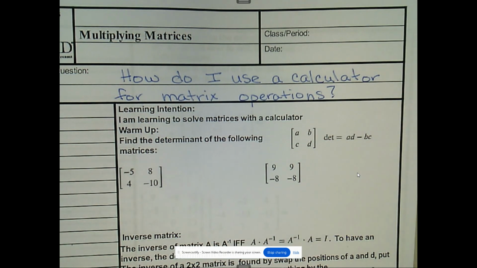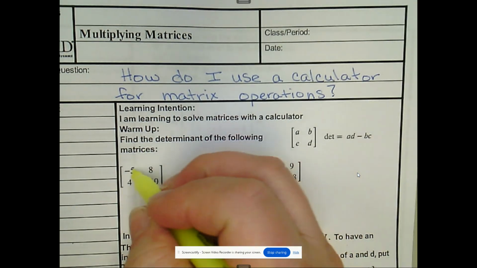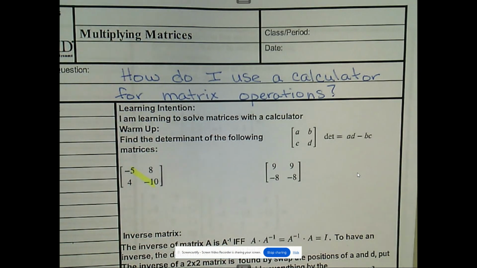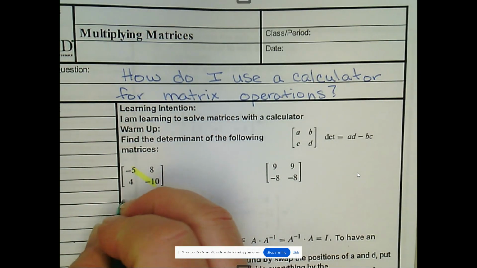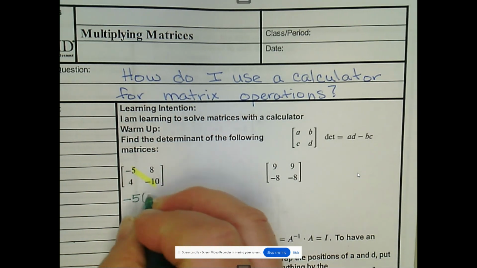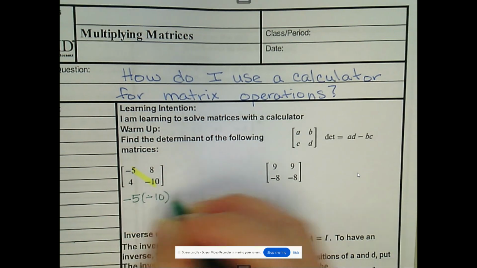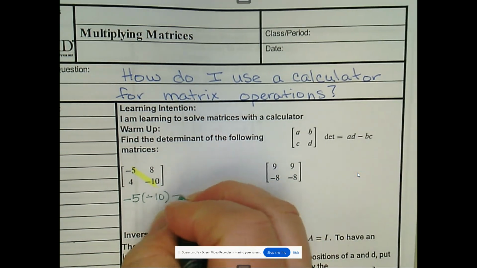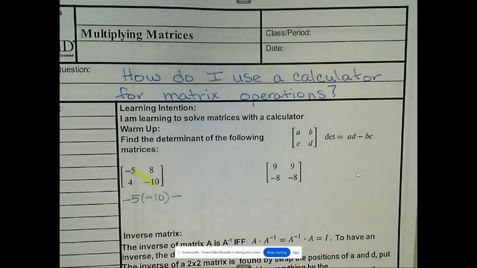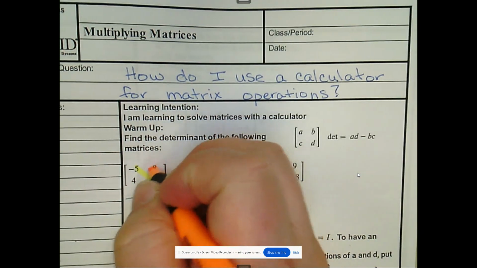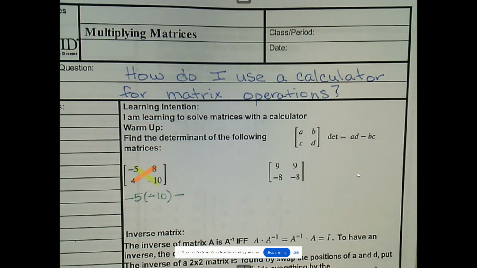Remember, you're going to take A times D. So that's -5 times -10 minus. Now we're going to do the other diagonal. 8 times 4.